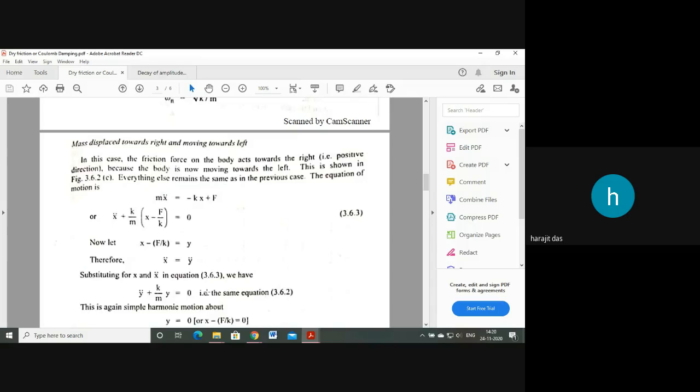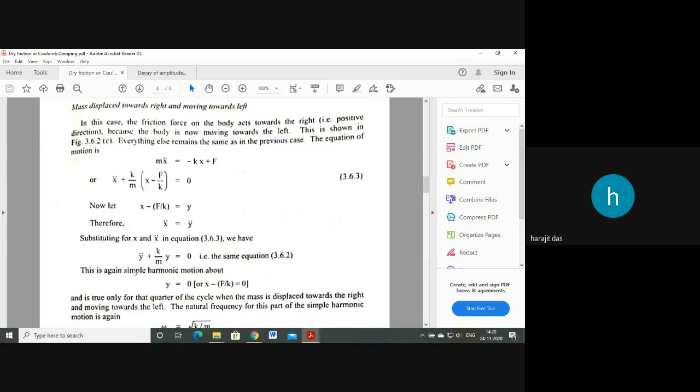Understood? With respect to y equals 0, the system is now in simple harmonic motion, where y is x minus f by k. So with respect to this line, the body is under simple harmonic motion.